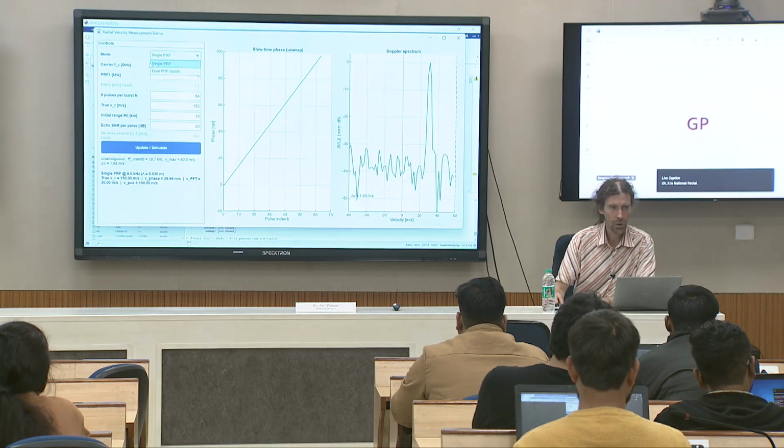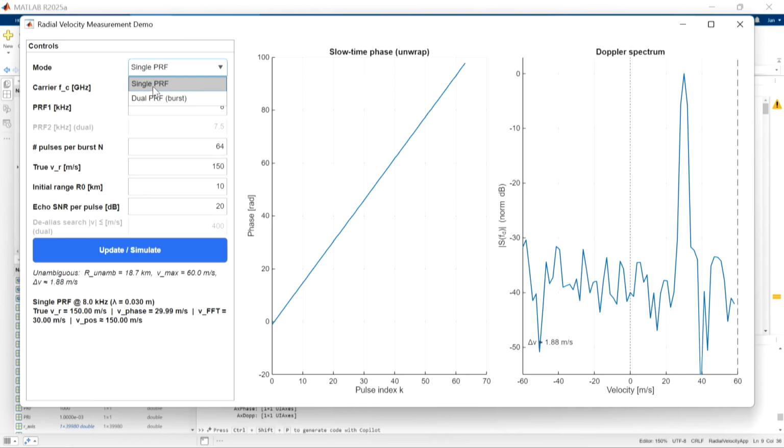Now I will show you first single PRF and dual, meaning in bursts. Carrier frequency 10 GHz, PRF1 8 kHz, 64 bursts and so on. True speed is 150, initial range is 10 km, and signal to noise ratio is 20, so the noise is very small, as we already discussed.